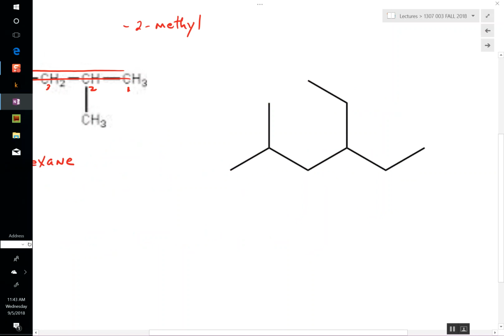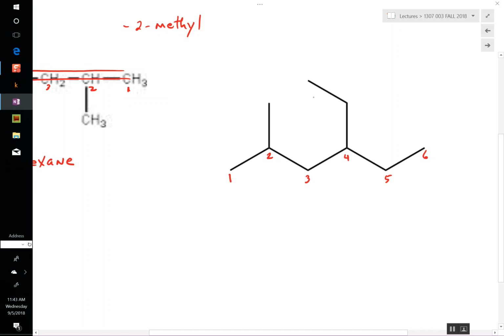And then here is the line diagram of it. Here's carbon number 1, 2, 3, 4, 5, 6. And we've got a methyl group on carbon number 2. We have an ethyl group on carbon number 4. And so that is the line diagram for 4-ethyl 2-methylhexane.